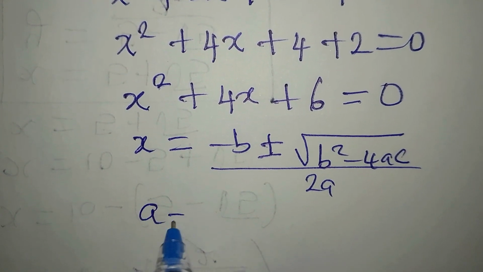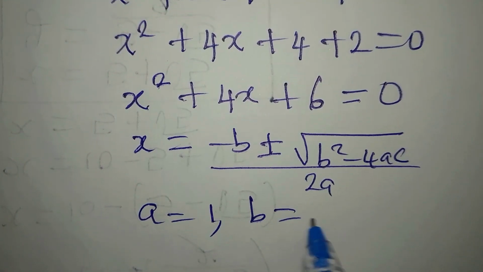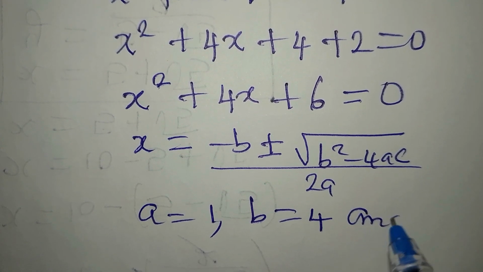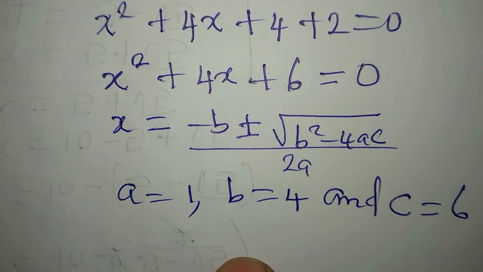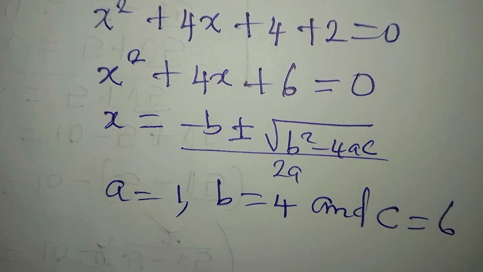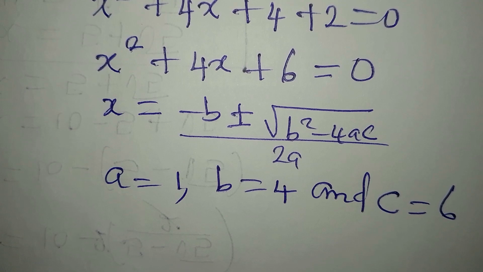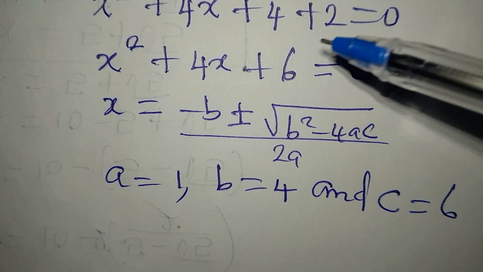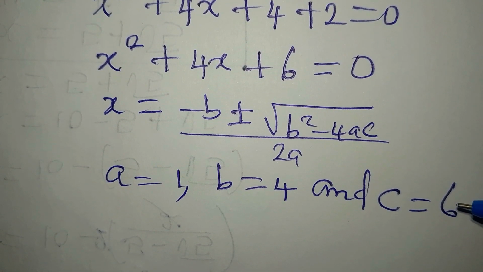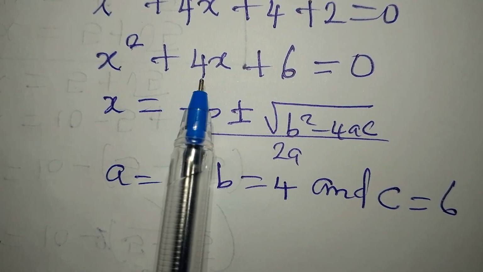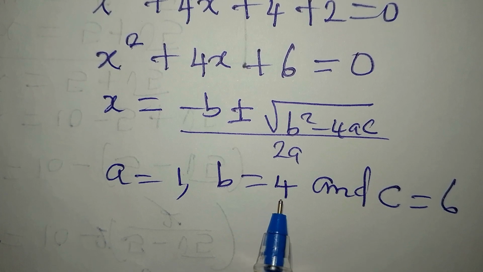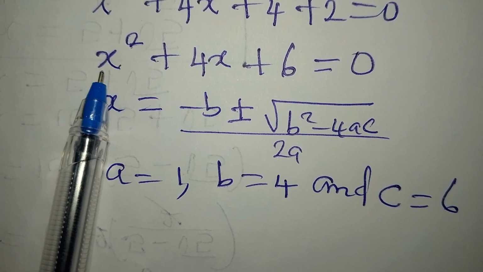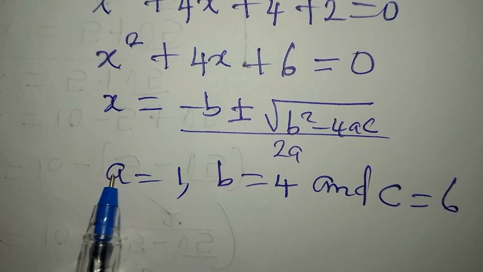Now our a is 1, b is 4, and our c is 6. How did I get the c? c is obtained from the equation. The constant in our equation is our c, the coefficient of x is our b, and the coefficient of x squared is our a.